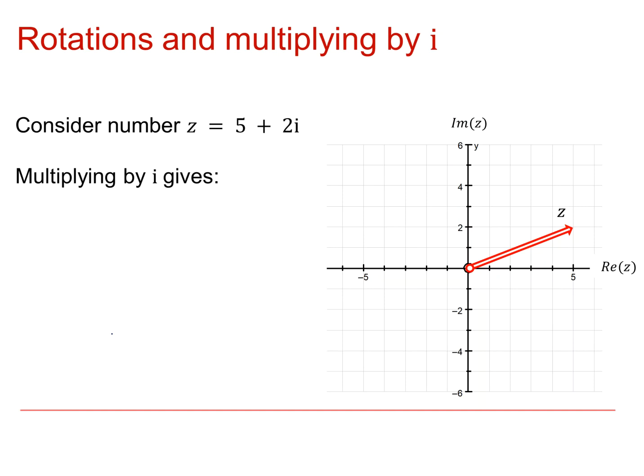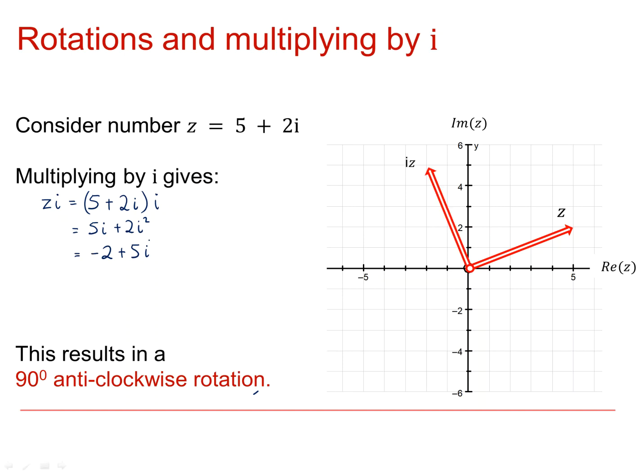OK, multiplying by i gives zi equals 5 plus 2i multiplied by i, which is 5i plus 2i squared, which is minus 2 plus 5i. Plotting that on the Argand diagram, we again get a 90-degree rotation.